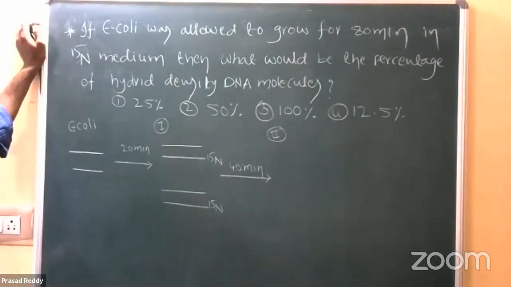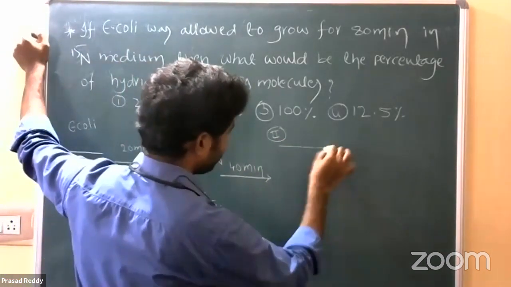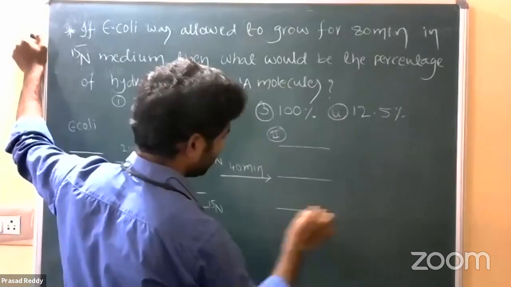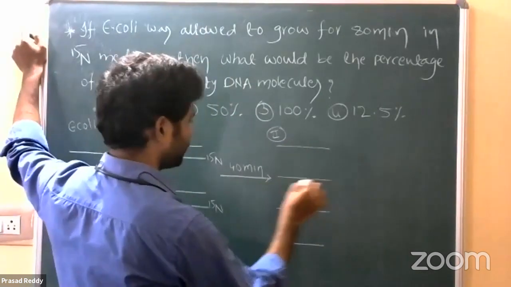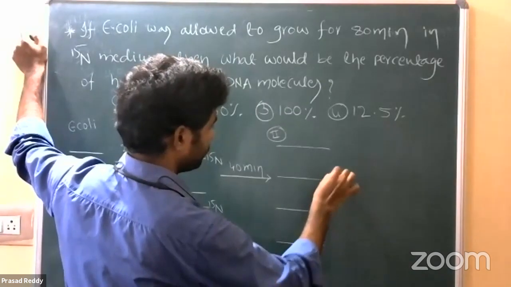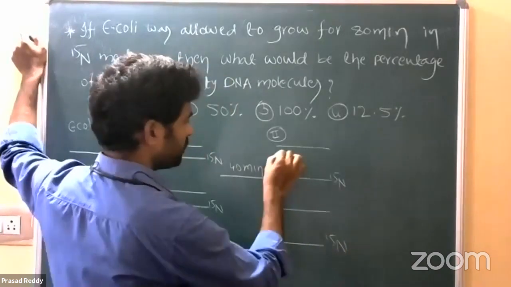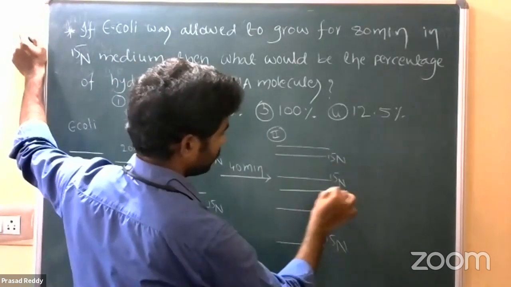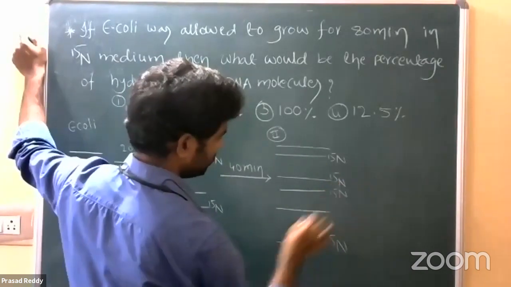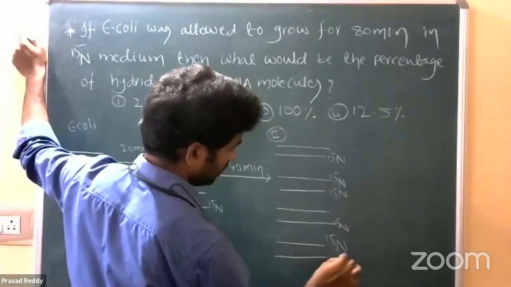The approximate time for replication of bacteria is 20 minutes. Here also the strands separate from each other and act as parental strands. This one is a normal DNA strand and this one is an N15 strand. The newly synthesized strands are all N15.